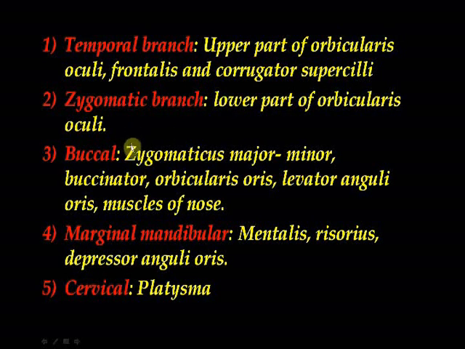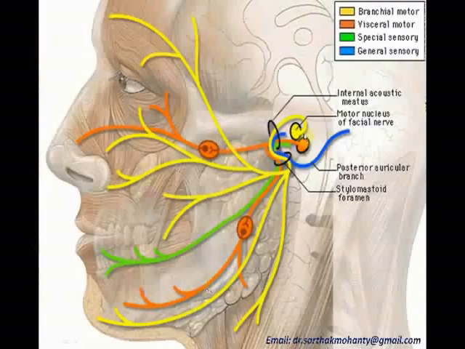The buccal branch supplies the zygomaticus major, minor, buccinator muscle, orbicularis oris, levator anguli oris, muscles of the nose. And the marginal mandibular branch supplies the mentalis, risorius, depressor anguli oris. And finally the cervical branch supplies the platysma.